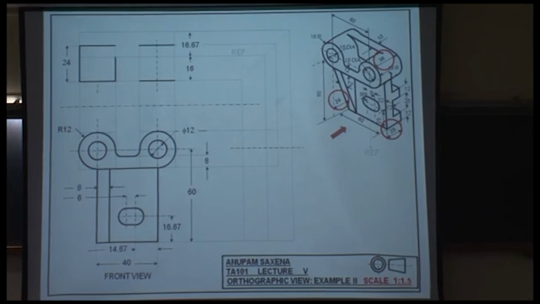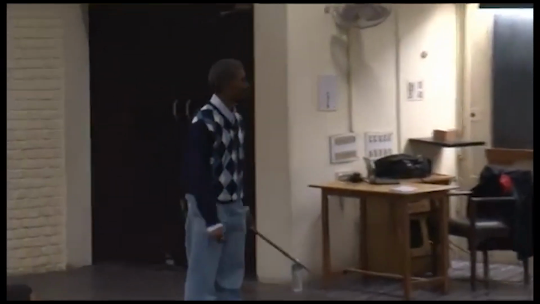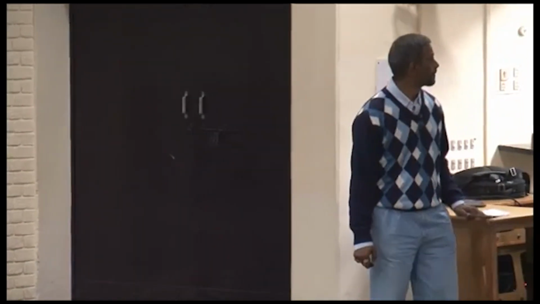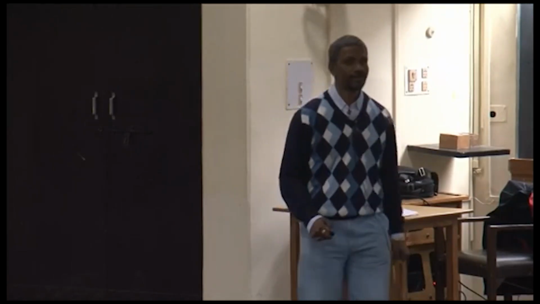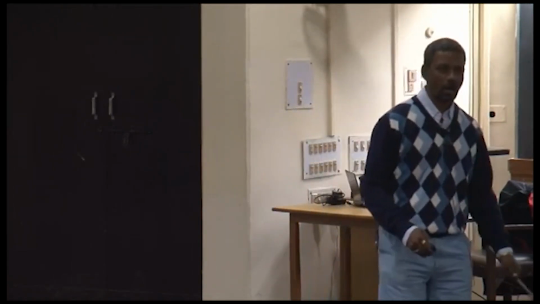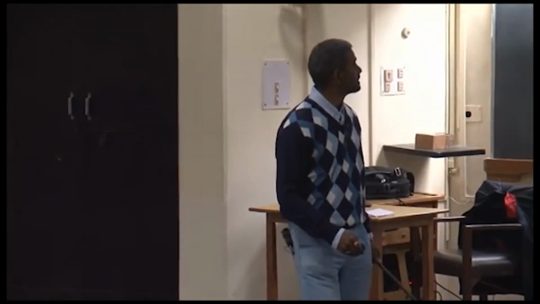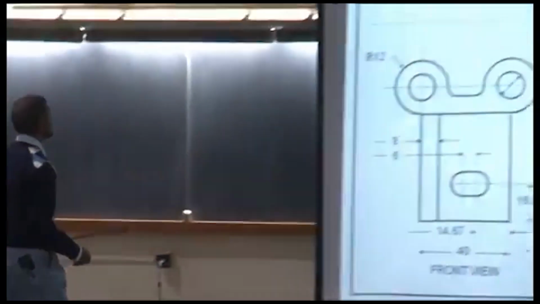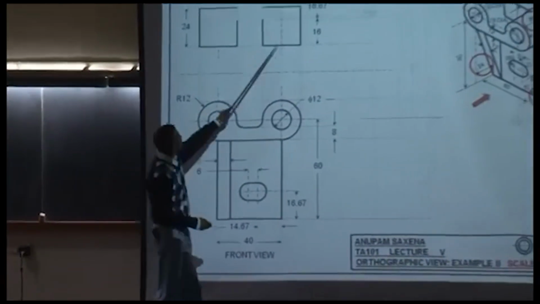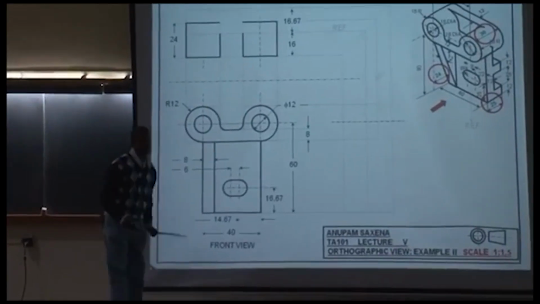Two cylinders. Okay. Now, hold on. The extreme edges are long. The intermediate edges are short. These two edges are long. These two edges are short.